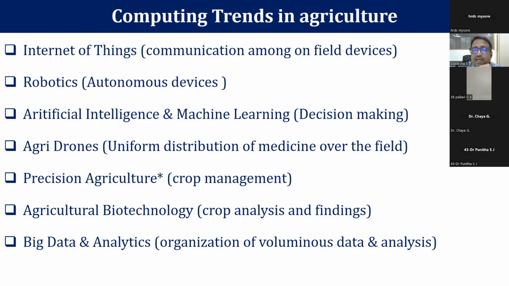Next is agriculture biotechnology. Even biotechnology is part of computing technology. There they are going to do crop analysis and see what the finding is. Finding in the sense, what is the shortcoming, what happened to it. We can include certain biotechnology strategies into the field so that we can have a very good yield.